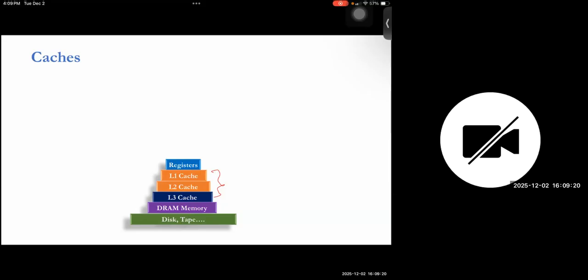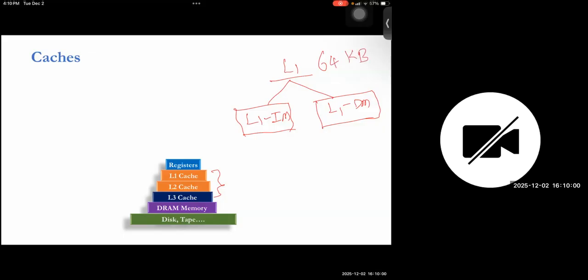Most importantly here is the L1 cache, which we discussed. This L1 cache is to solve the structural hazard. It is divided into two parts: the L1 cache for instruction memory and the L1 cache for data memory. While designing the pipeline data path, we look at these two. The typical size of the L1 cache is 64 kilobytes for a normal computer.